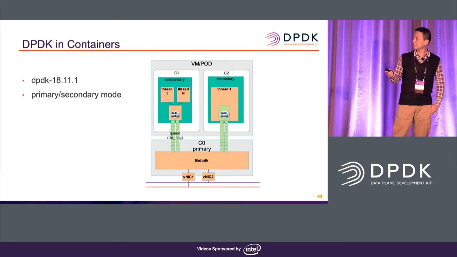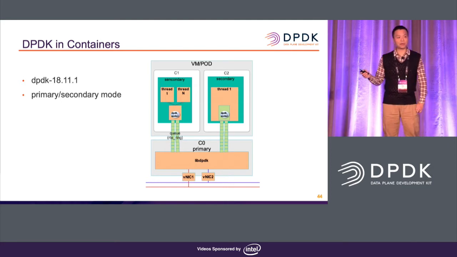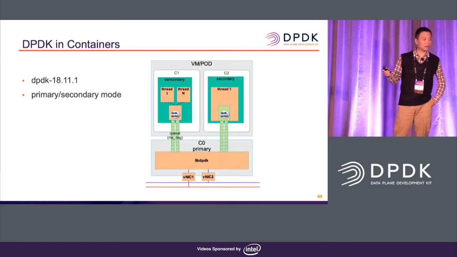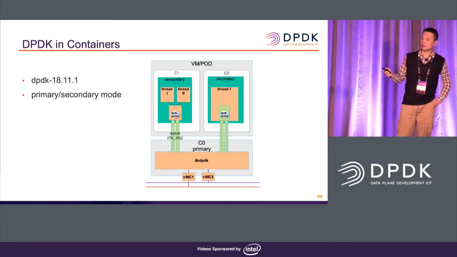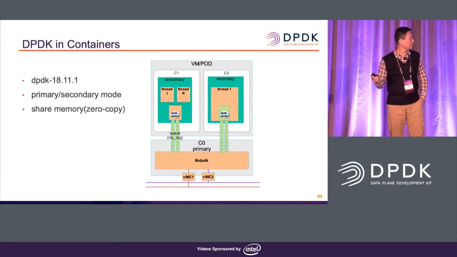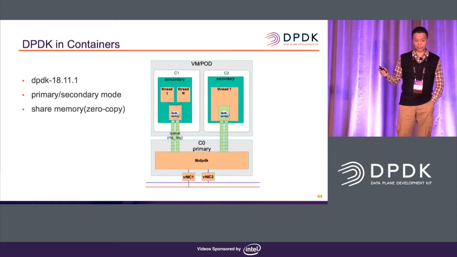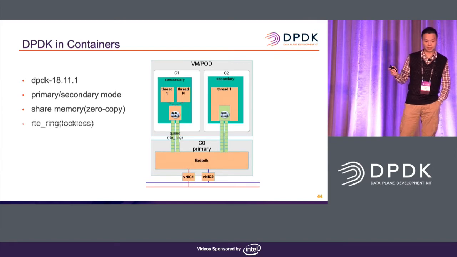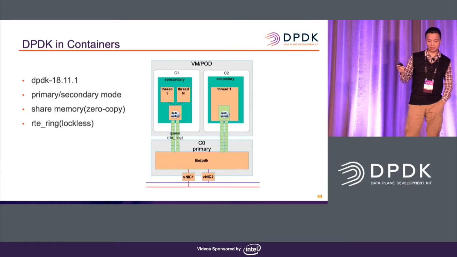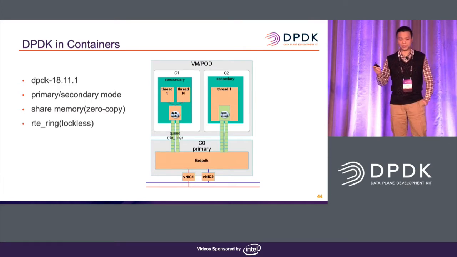And we use the primary, secondary mode. C0 is the primary, and C1 and C2 are the secondary. We used shared memory to achieve zero copy, and we used RTE ring to achieve the queue between containers.